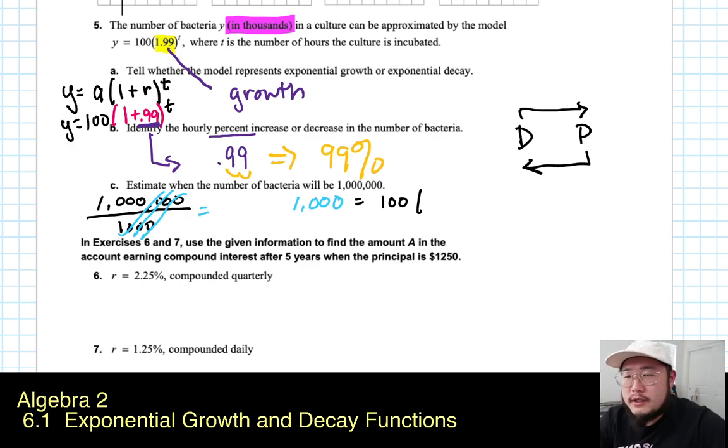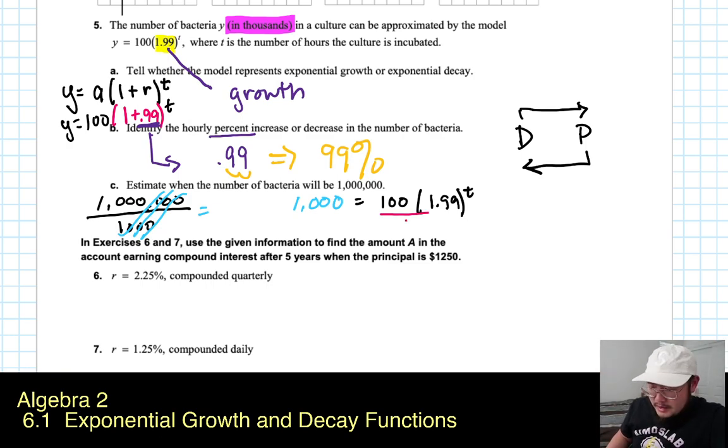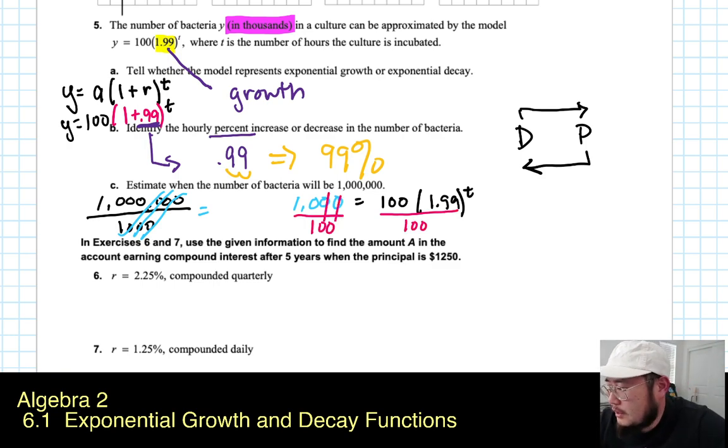So first things first, let's divide both sides by 100. And so from there, now I end up with 10. Okay, so I'll rewrite our equation right here: 10 is equal to 1.99 raised to the t power.